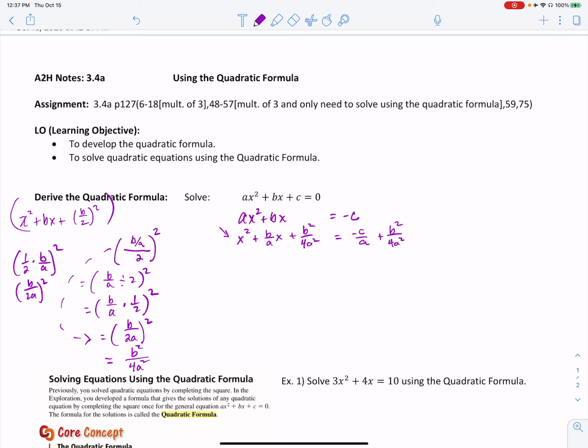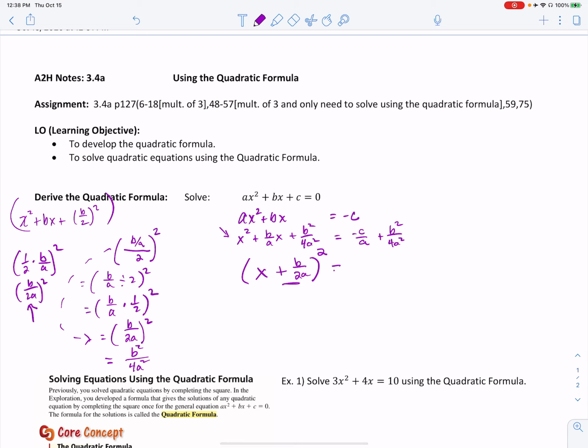And so continuing with, we have now a perfect square trinomial that factors into x, and then it is what half of that coefficient of x was, which was the b over 2a, and it is that quantity squared. So it's what was inside here is what this ends up being.